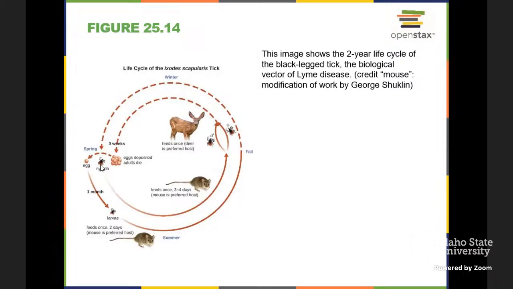They hatch out in the spring. And from that, our little larva, not our nymph, our larva, sorry, is our first one. And the larva, after about a month, is going to find a host, attach, take a blood meal, and then it will overwinter. It only needs to feed once.